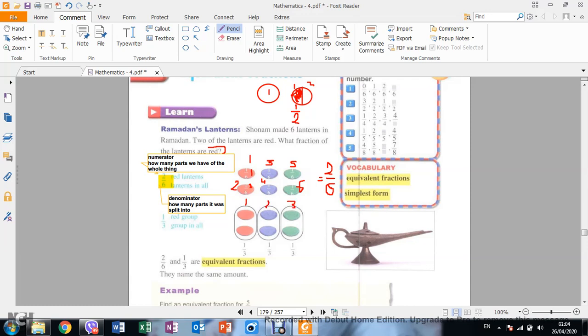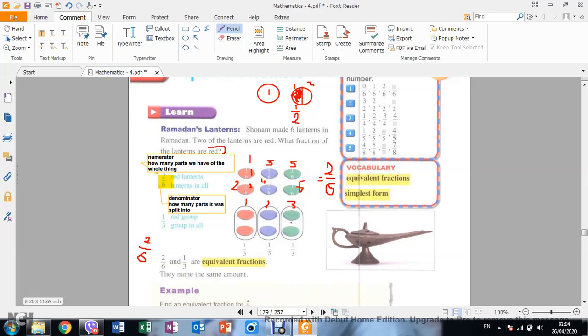Each group gets how many lanterns? Each one gets 2: red gets 2, blue 2, and green 2.